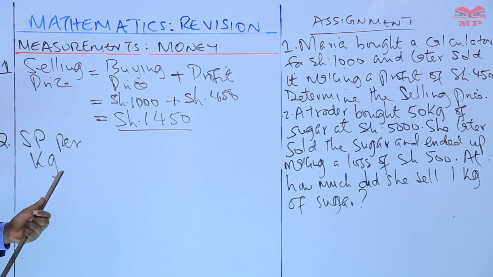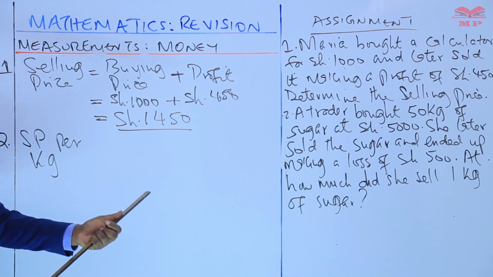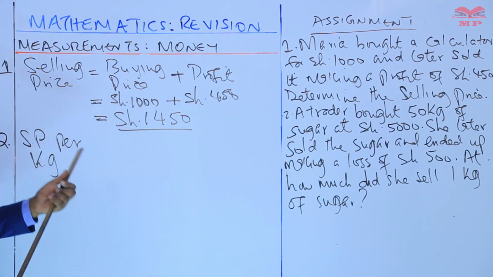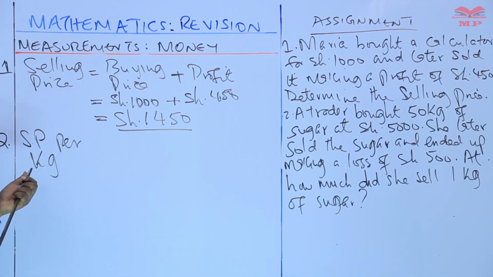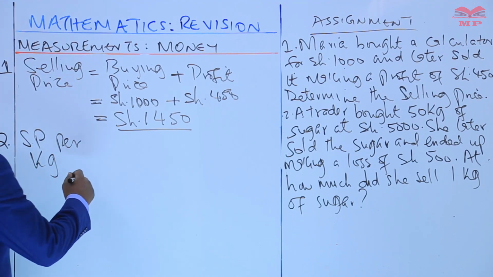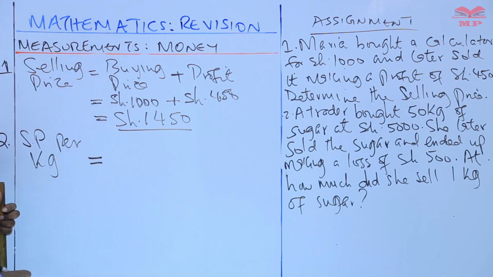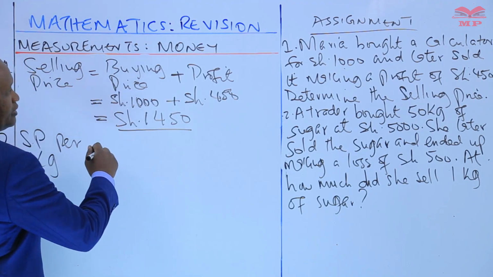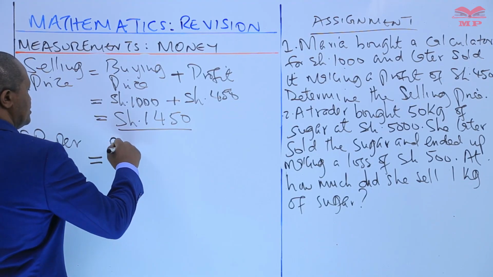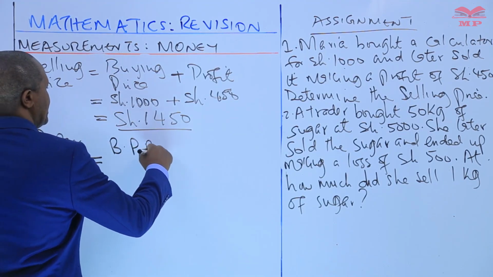Selling price per kilogram. At how much did she sell 1 kilogram of sugar? So the selling price per kilogram will be equal to the buying price per kilogram.